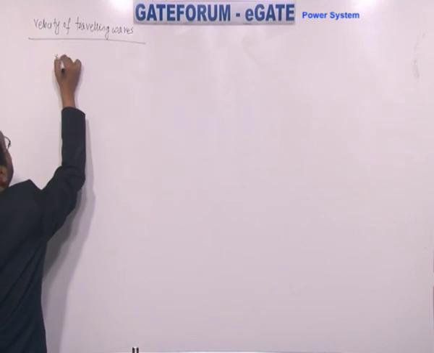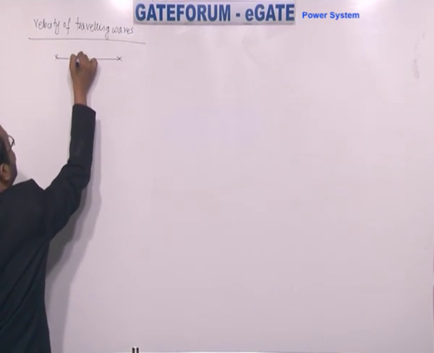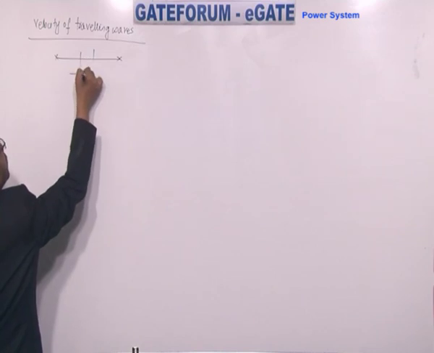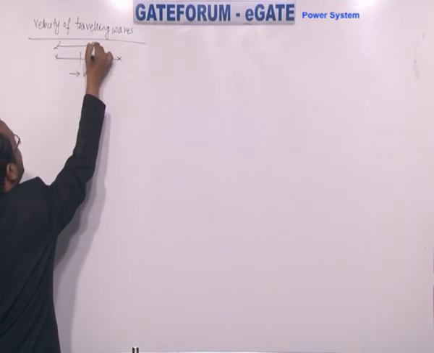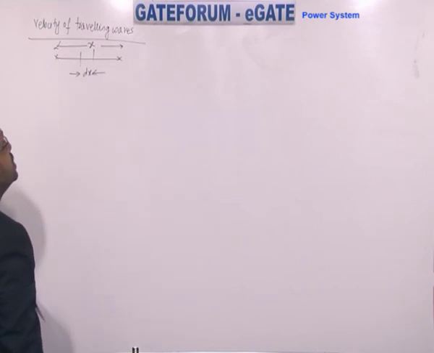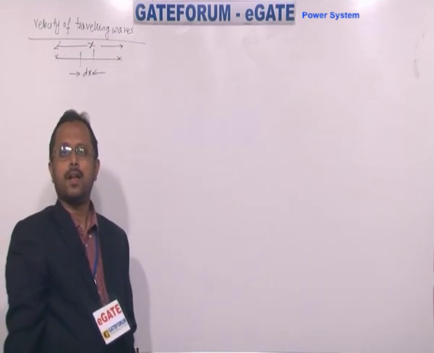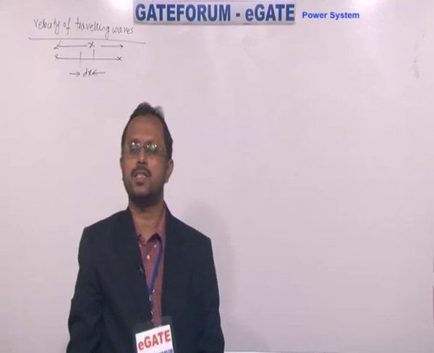Okay, you consider a transmission line, and in this transmission line, you consider a very small section dx. Say the length of the transmission line is x.